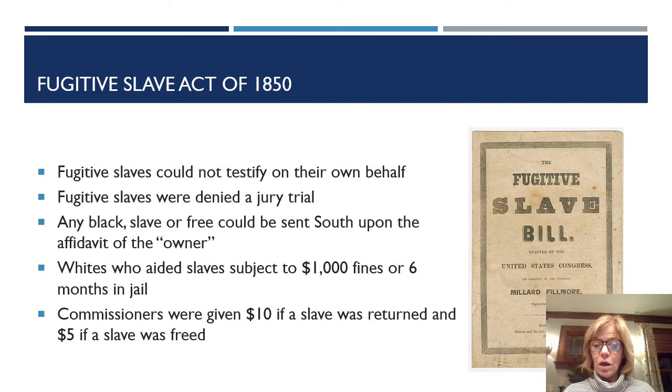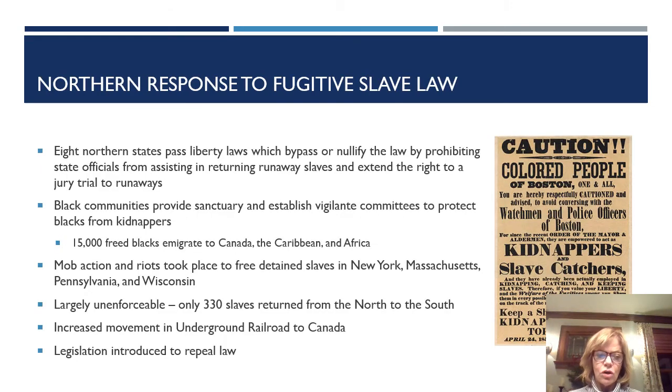So this was ludicrous. I mean, for many people in the North, they just thought that this was unconscionable. This was beyond the pale. This was something that they couldn't align with at all, and they didn't. So many northern states just refused to enforce the fugitive slave laws. 8 northern states passed what's known as liberty laws to bypass or nullify this federal law.